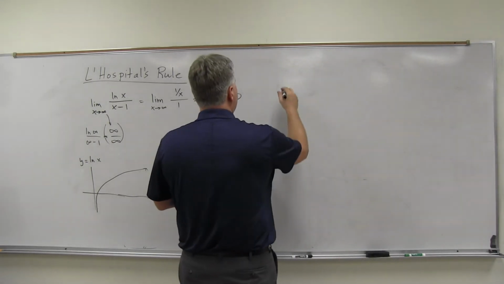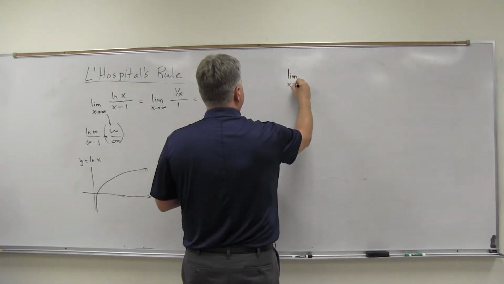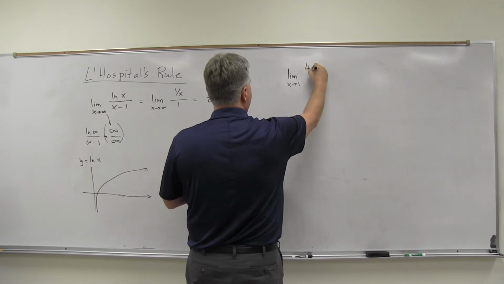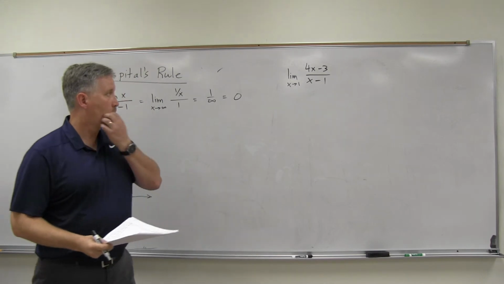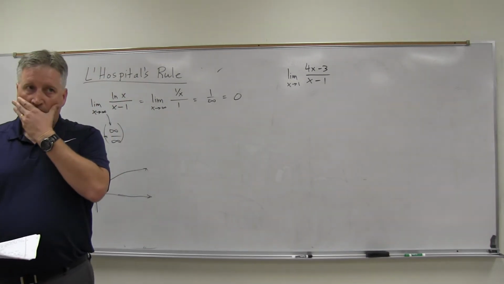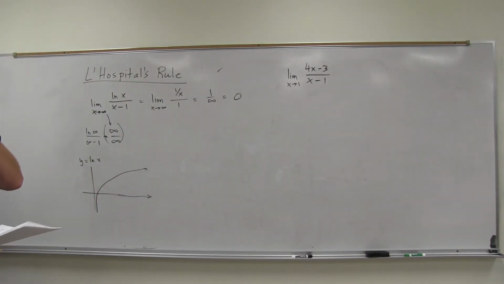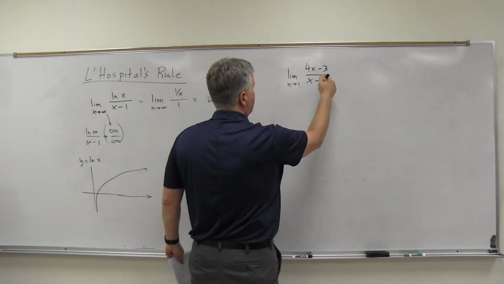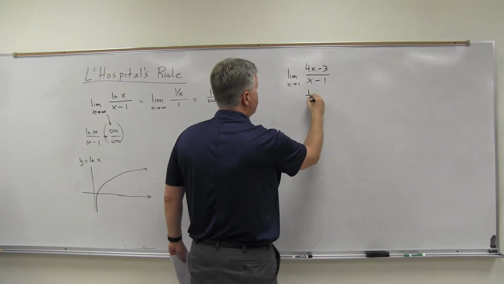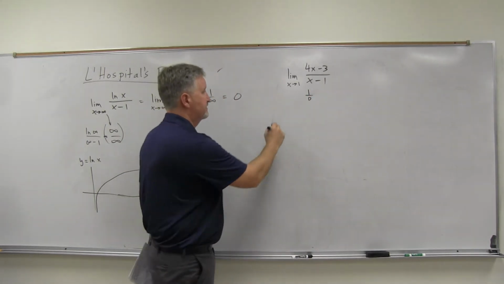I better mention, the limit as x approaches 1 of 4x minus 3 over x minus 1. The problem here is, can we apply L'Hopital? No. The form here is 1 over 0.